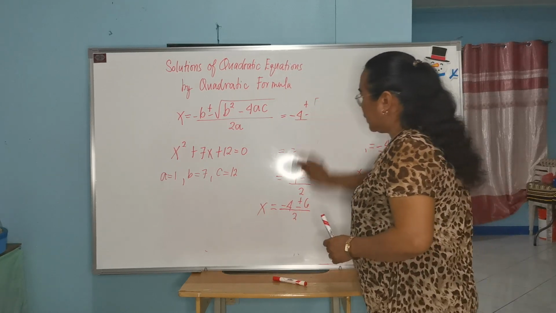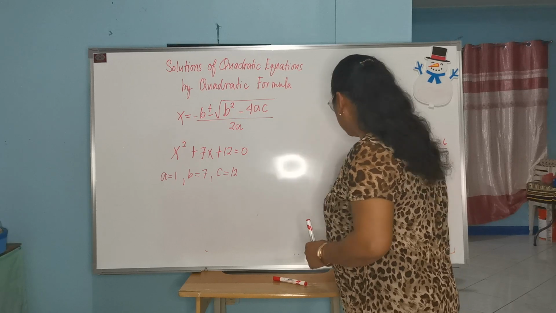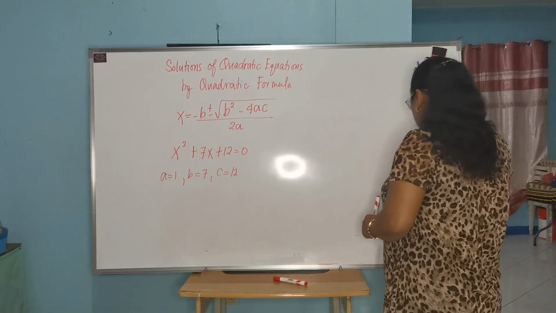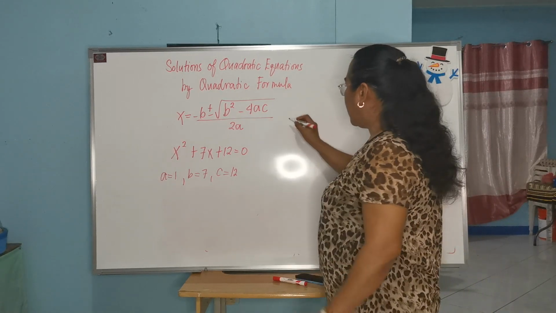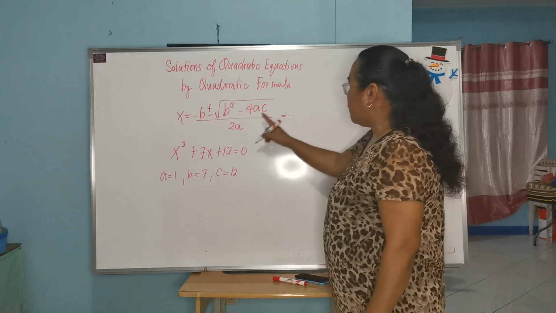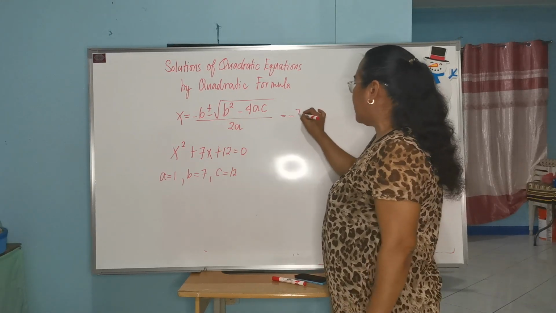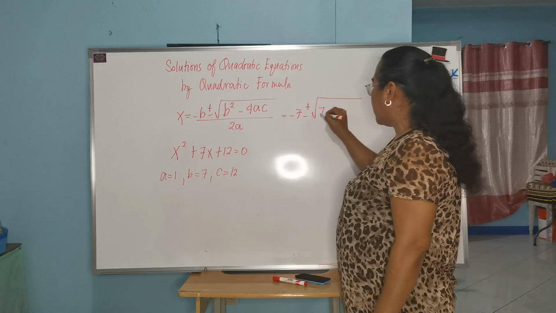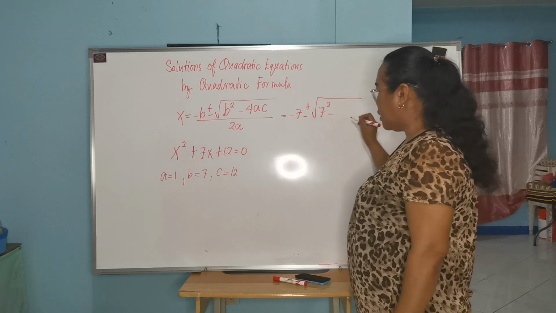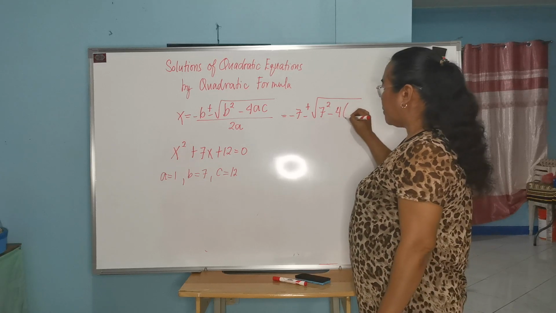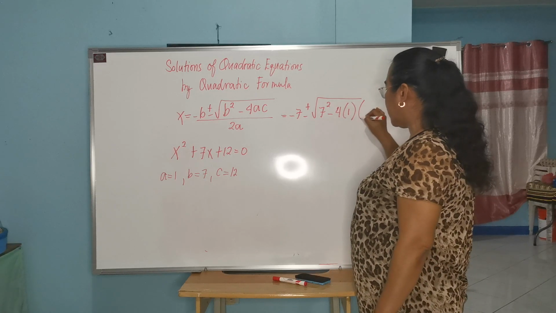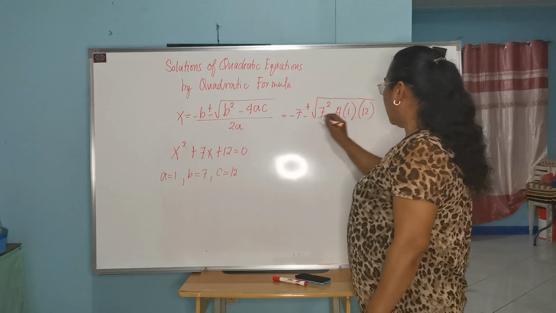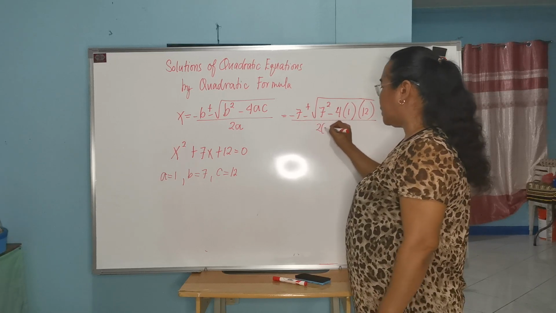Substitute, the same process by substitution. So we have our x would be negative, our b this time is 7, plus minus your b squared, your 7 squared, minus 4 times our a, which is 1, our c is 12. All over 2 times 1.